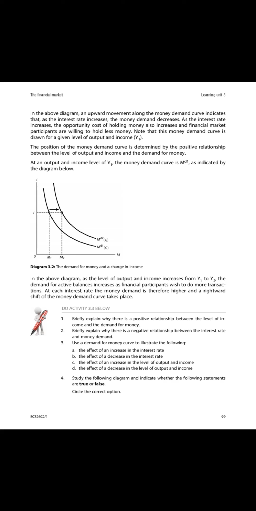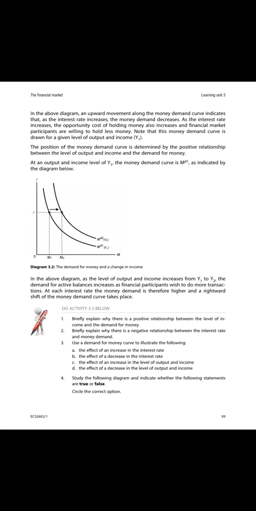Then that shift down on that graph from MD1 to MD2, which is the demand there, is the one that we're talking about when we're saying if your demand for active balances goes up, what happens on that curve? It results in a rightward shift, right?